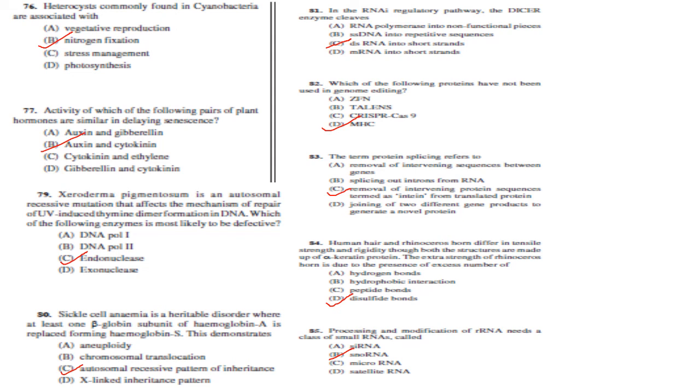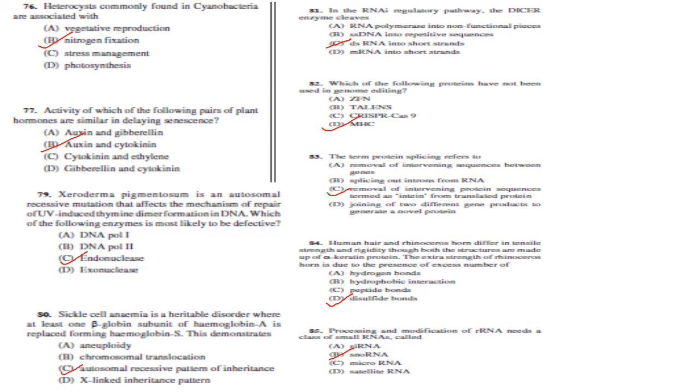So protein splicing involves removal of intervening protein sequences termed as inteins from the translated protein, and then joining or ligation of the extein regions. That is called protein splicing, just like intron and exon in DNA. Here, intein and extein.